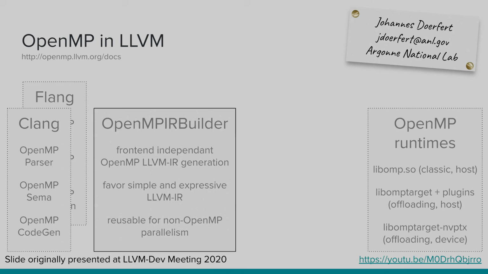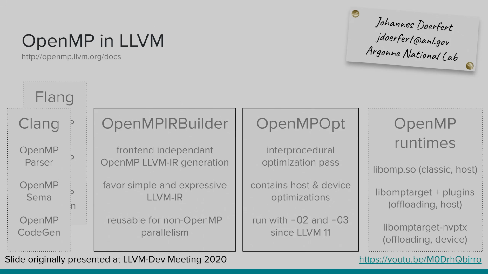And the fun part is it is not only usable for OpenMP frontends, like the Clang OpenMP frontend or the Flang OpenMP frontend, but if you had another language that has nothing to do with OpenMP, you could use this OpenMP IR builder to basically piggyback on all the OpenMP ecosystem and translate your language parallelism into OpenMP parallelism without ever having a pragma.